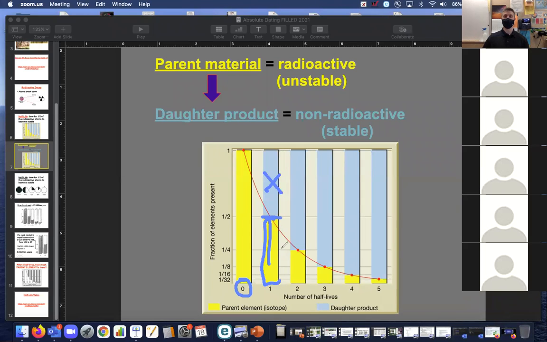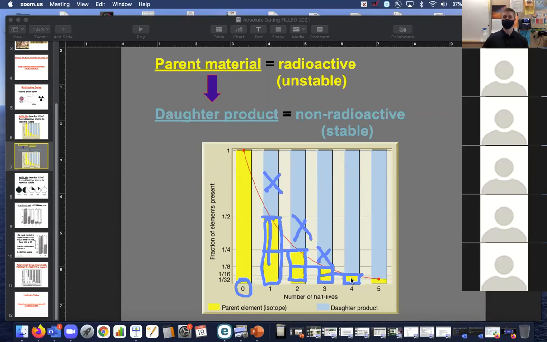Of the stuff that was radioactive, now we're at half of that is still radioactive and half is not. Another half-life passes. Of the stuff that was still radioactive, half of it is still radioactive. That half is not. Another half-life passes.